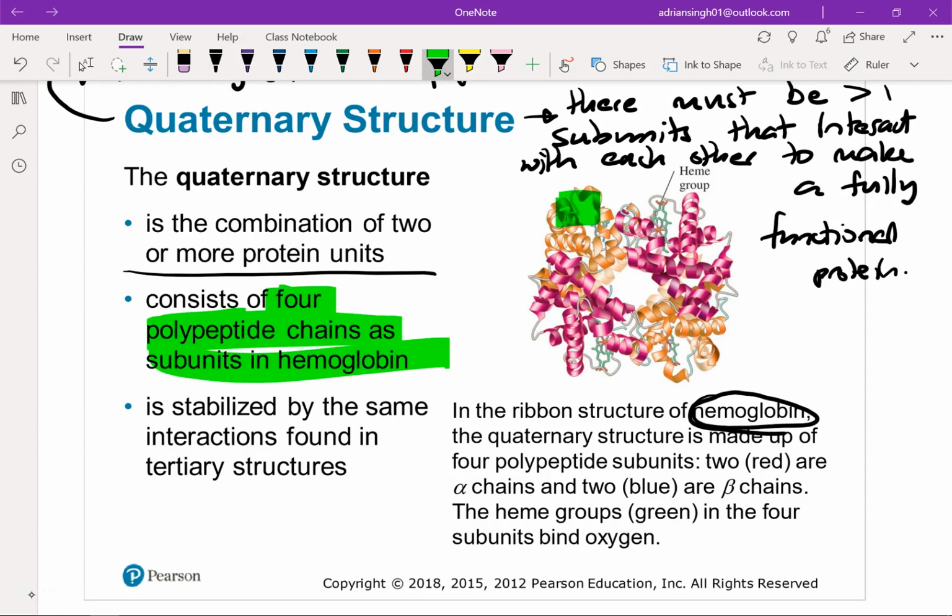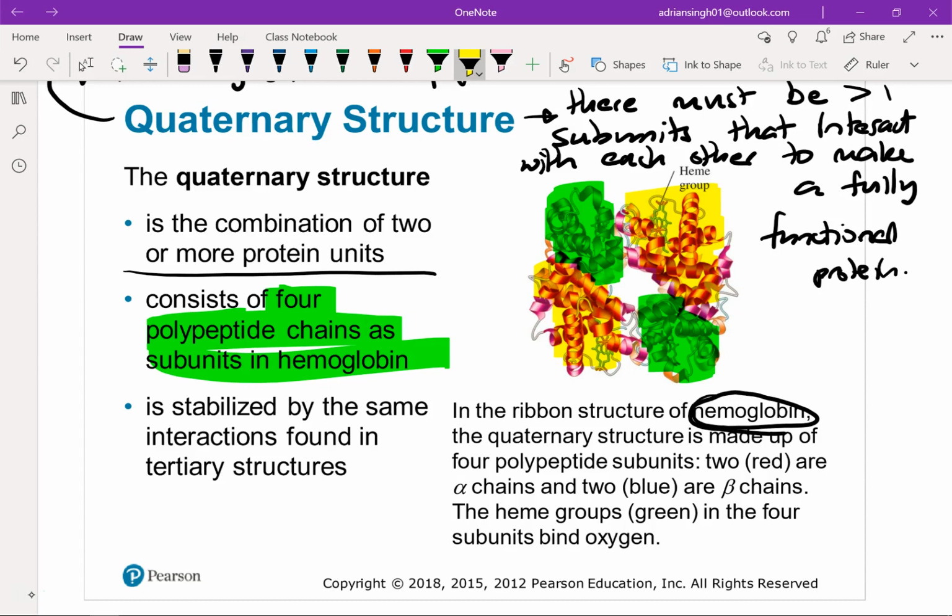So we have one chain here that we'll highlight in green. We have another one that is also very similar to it. And then we have 2 more. There's a third one over here and another one over on the other side. And each of those is able to carry 1 oxygen molecule. So we have 4 of these subunits that come together to make your fully functioning protein.